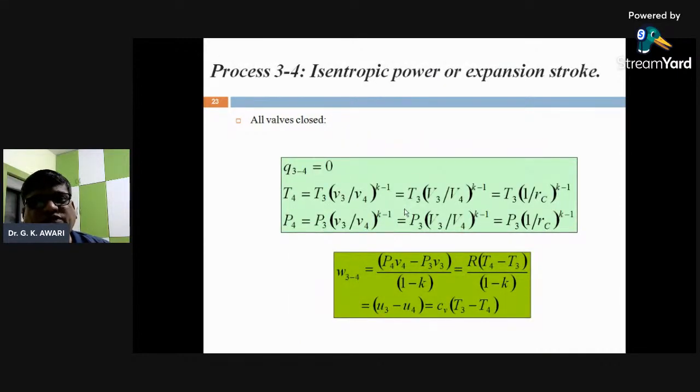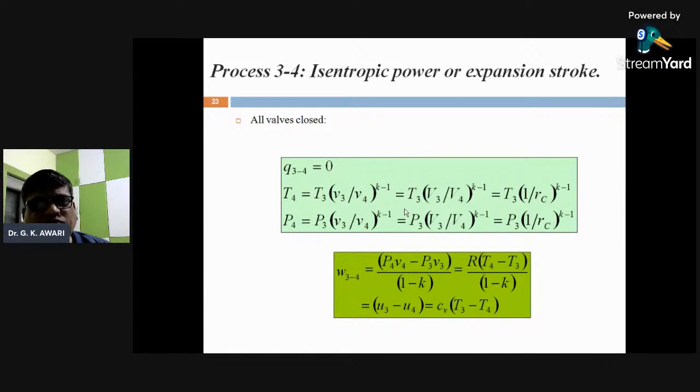Then process 3 to 4, the isentropic power or expansion stroke. Here Q34 is equal to 0. Therefore T4 is equal to T3 times (V3 by V4) to the power of K minus 1, so T4 is equal to T3 times (1 by RC) to the power of K minus 1.